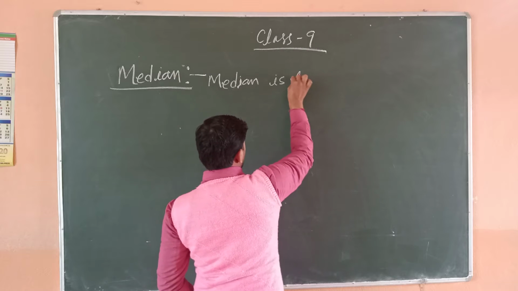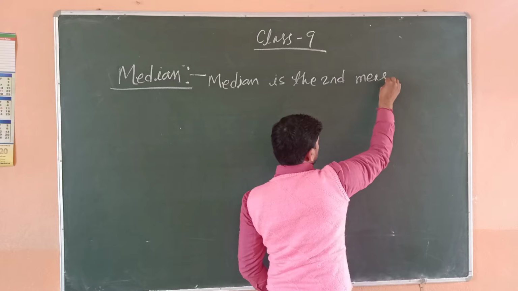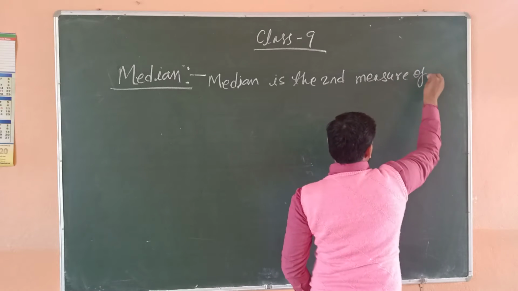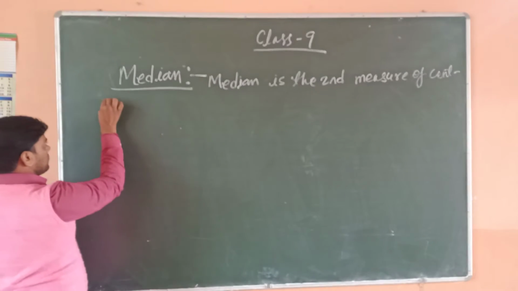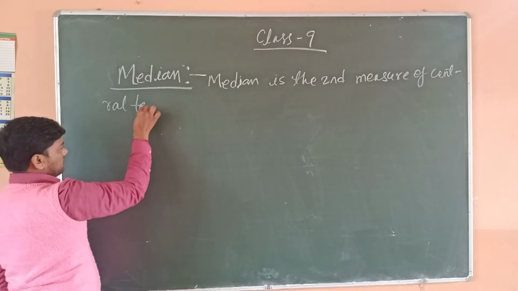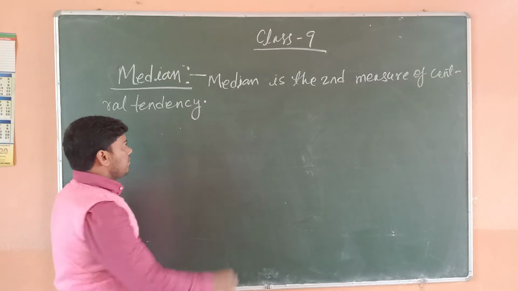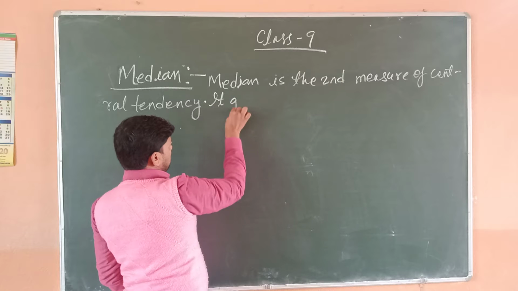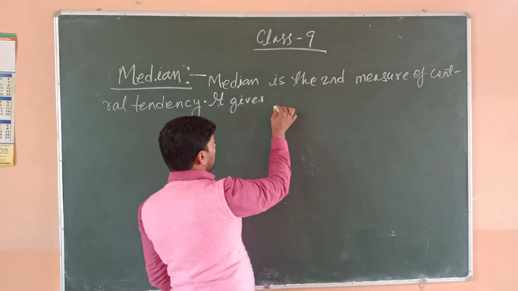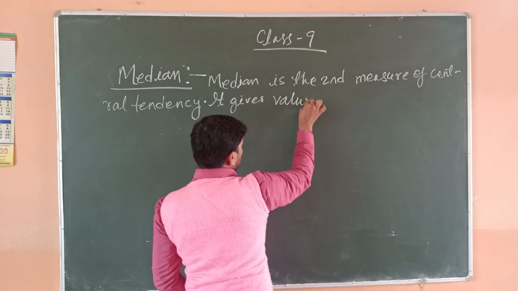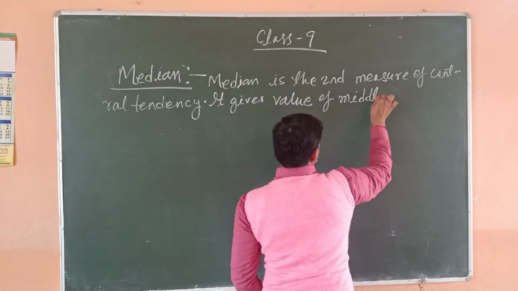Median is the second measure of central tendency. It gives the value of the middle term.